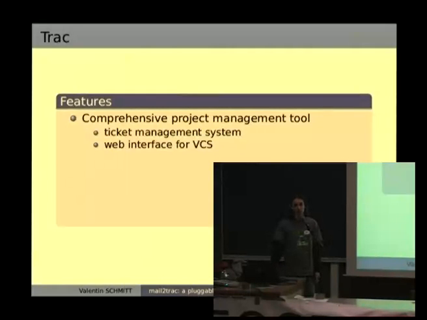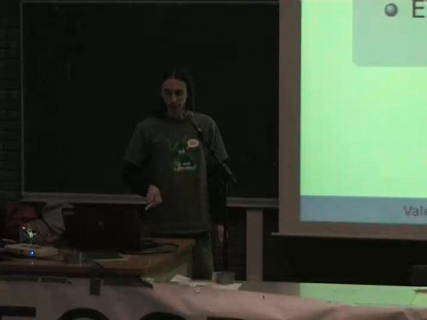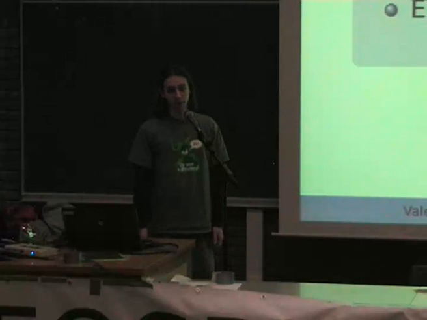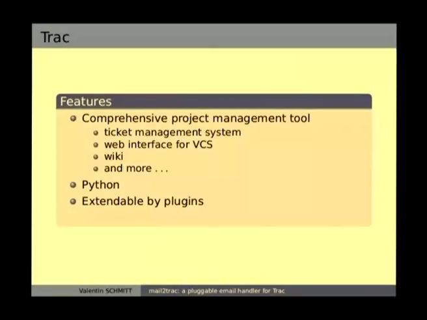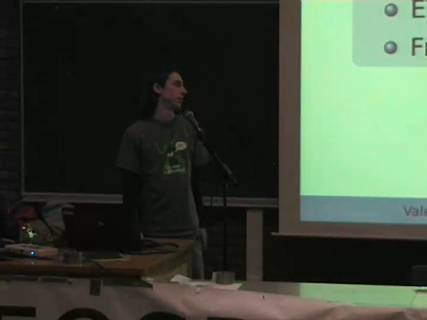It also has a web interface for VCS like Git, Mercurial, and SVN, among others. It also provides a wiki and much more, like a timeline. It's written in Python, which is nice, and it's easily extendable by plugins. And of course, it's free software released under the three-clause BSD.